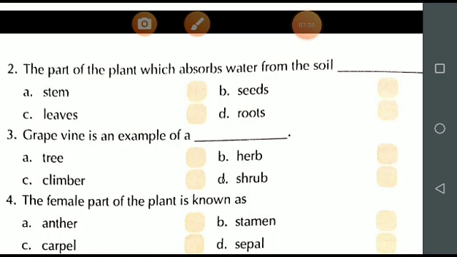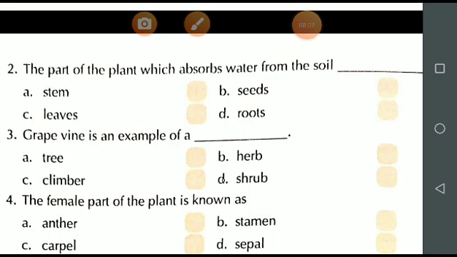Now the last option D is root. When I explained the function of a root, I explained that roots absorb water and nutrients from the soil, and you can also say that roots are the mouth of the plant.